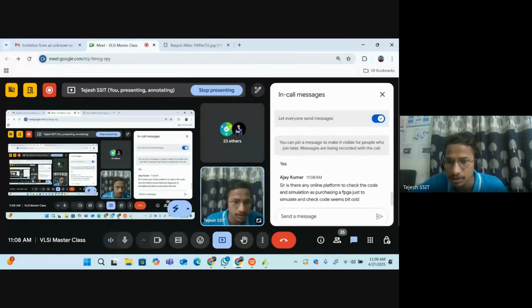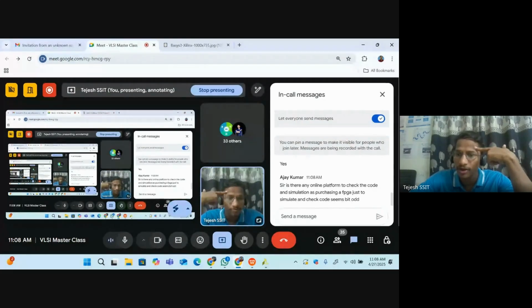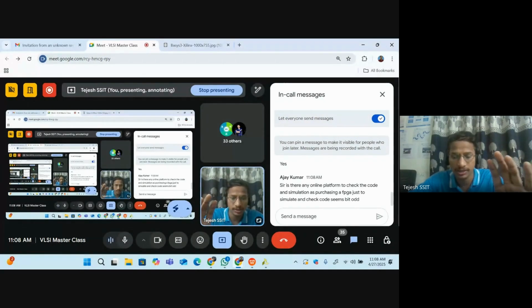Sir, is there any offline platform to check the code and simulations, just for simulating and checking the code? See Ajay Kumar, if you are interested, then come to summer. We can offer it in summer in hybrid mode. These kinds of classes will be happening online, but we are allowing members offline also, and we can give the FPGA boards into your own hands, so here you can do some programming.